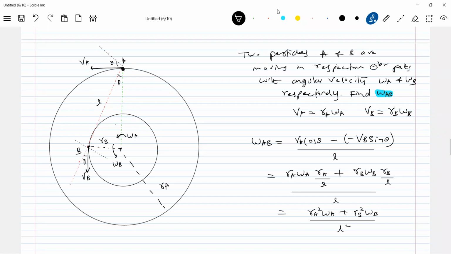What is L square should be equal to from the triangle? Sir, it's not L square, it should come, no? Correct only, sir.